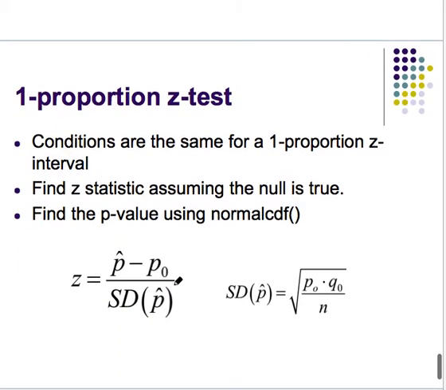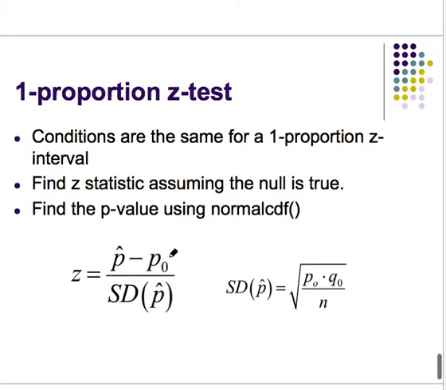Okay, a one proportion z-test. So very similar to what we've been doing. The conditions are the same for the z interval. So we find the z statistic, assuming that the null is true, and we find the p-value. So our p hat minus what that original value is, and the standard deviation with the p hat.